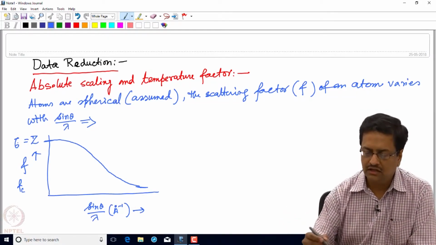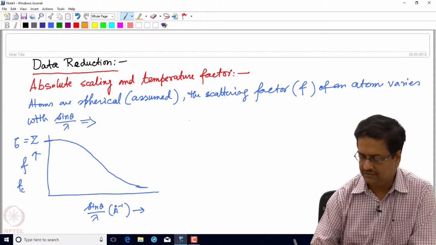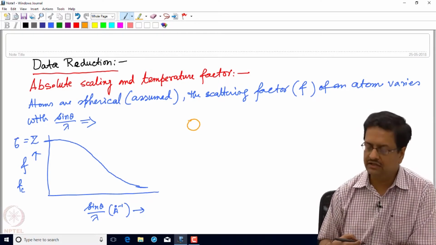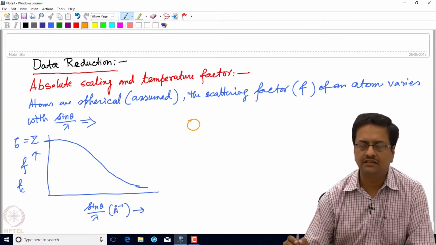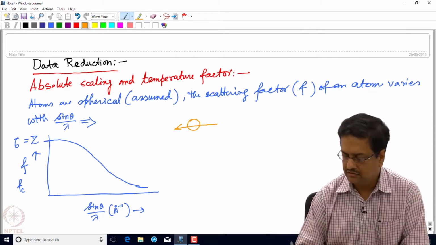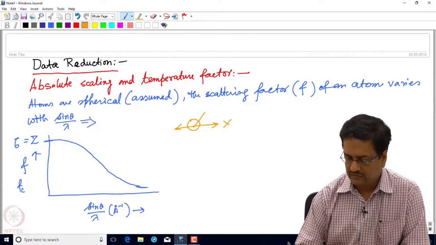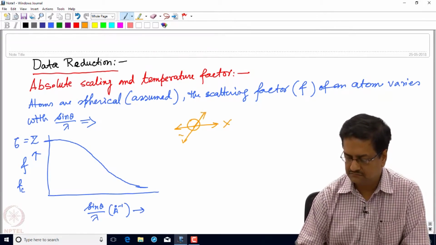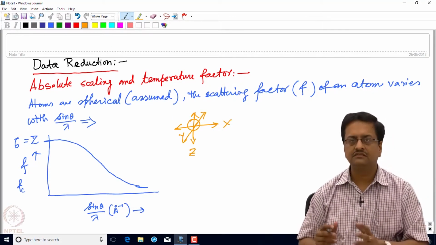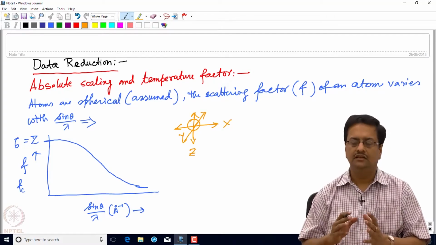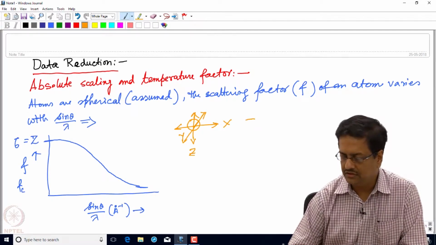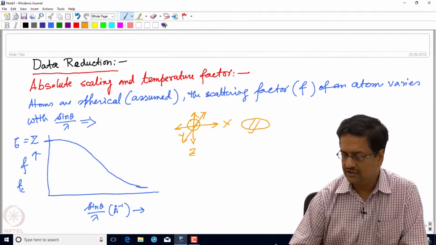As we know, if we have an atom in the crystal and it is considered to be spherical, at any given temperature the atom has thermal vibration along X, along Y and along Z. Because of this thermal vibration, the electron density is no longer spherical, but rather diffused over a three-dimensional space.